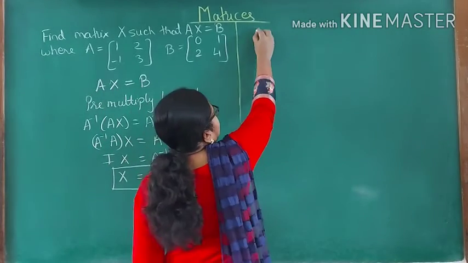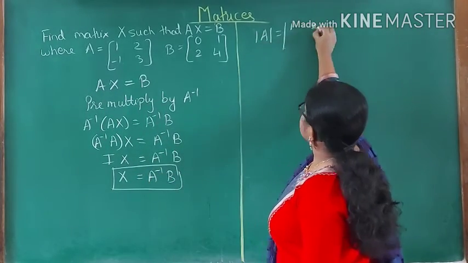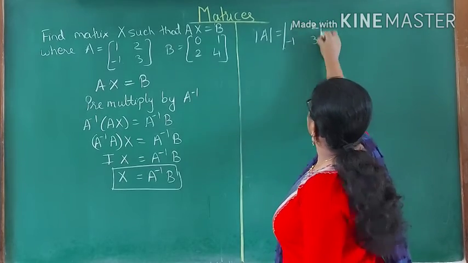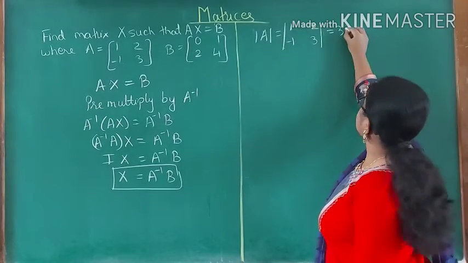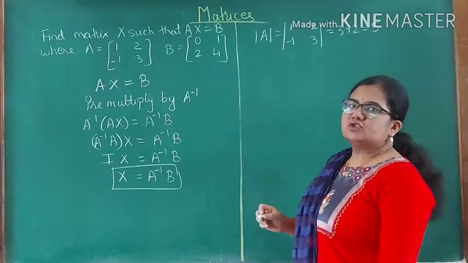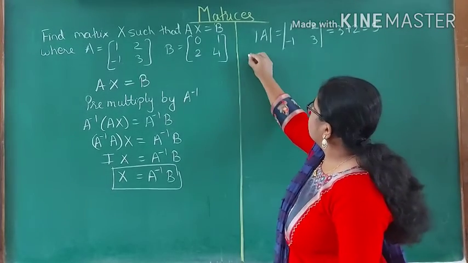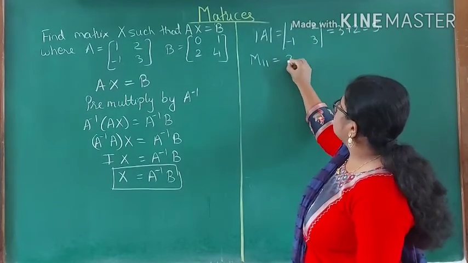For that we will first find the determinant of A. So determinant of A is 1, 2, minus 1, 3. So 3 ones are 3 and 2 into minus 1 is minus 2, that becomes plus 2, equal to 5. So determinant of A is 5. Then M11 will be first row, first column elimination: 3.